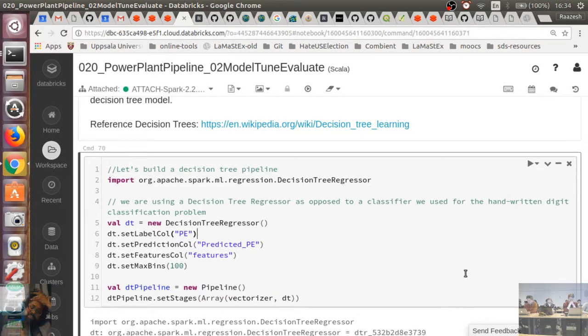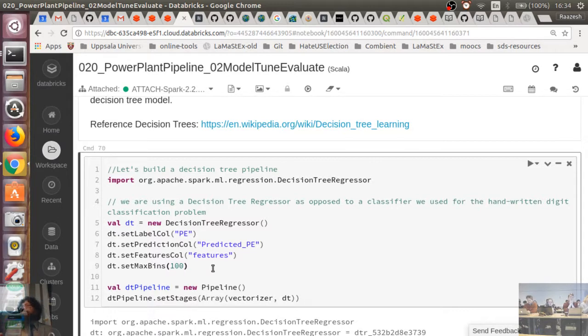And we'll build a machine learning pipeline for this. So all we have to do is val dt, new decision tree regressor, and then I'm going to set the label to be PE, prediction column to be prediction PE, set features column to be features, set max bins to be 100. Remember, max bins is the discretization parameter for random forests.